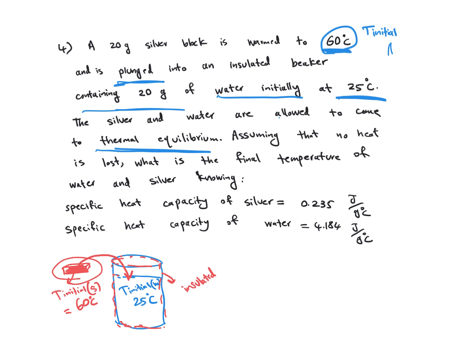And when we say that no heat is lost, it means that we have just the Q that water gains, and also the thermal energy that the silver block loses.